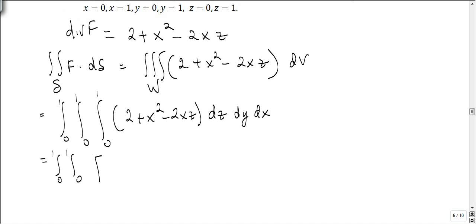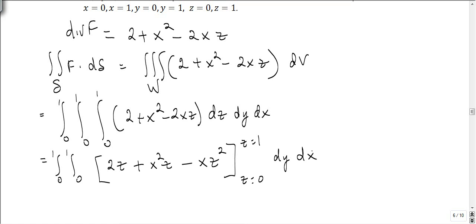Let's integrate with respect to z. Can you tell me what it is, please? 2z, x squared z. Very good. And z goes from 0 to 1, dy, dx. Okay, let's substitute.